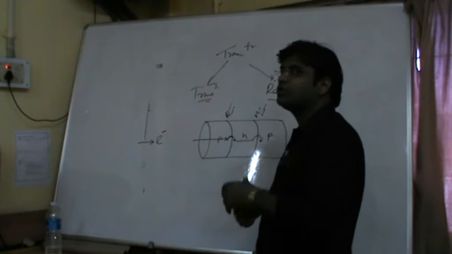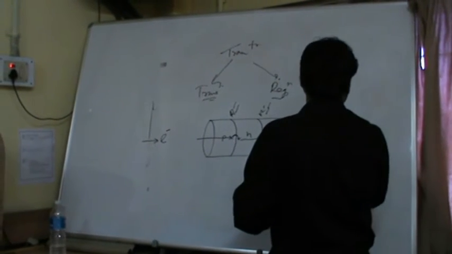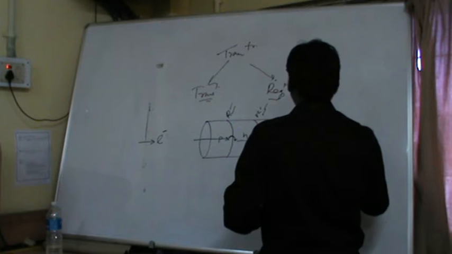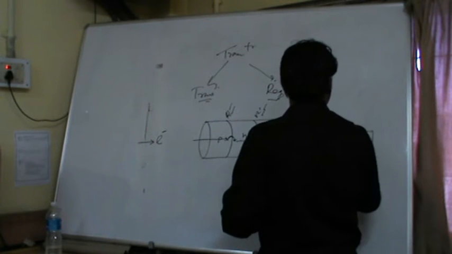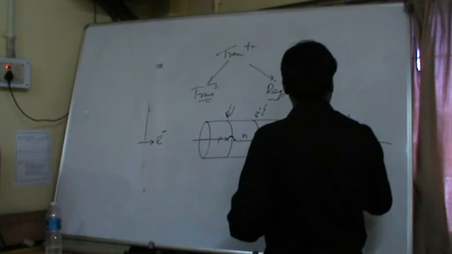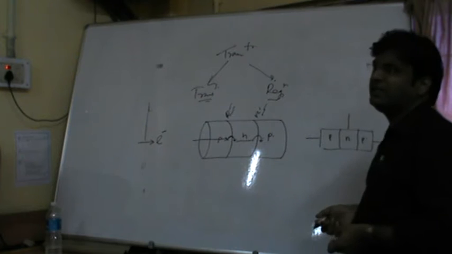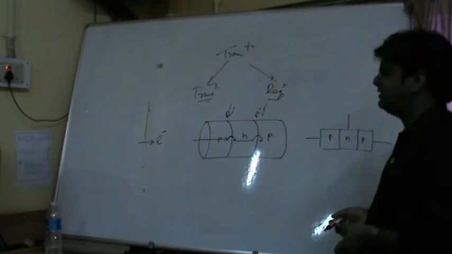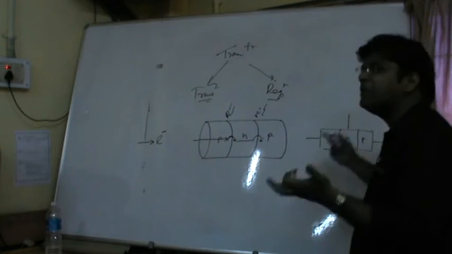So in the case of a transistor, if I am considering this thing that way, this is the P-type, this is N-type, this is P-type, this is base, emitter or collector, whatever it may be, it can be represented that way. This is PNP, or NPN.